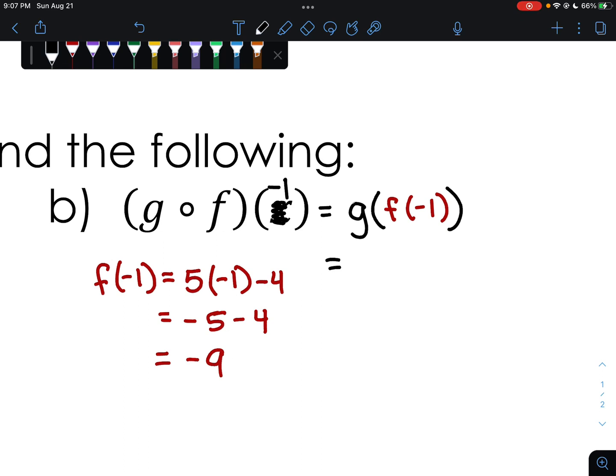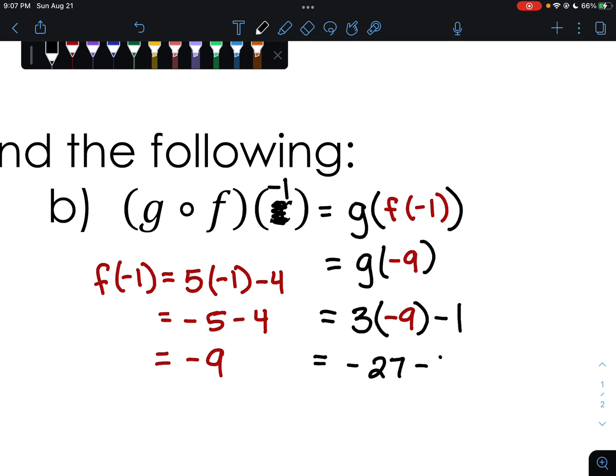Now we can evaluate that as g of -9. I'm going to use the g equation of 3 times -9 minus 1. That would be equal to -27 minus 1, which is equal to -28.